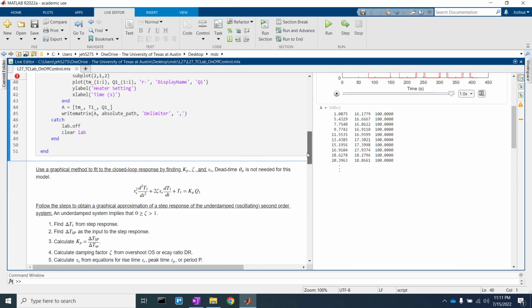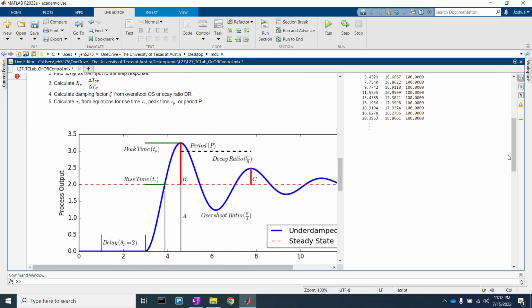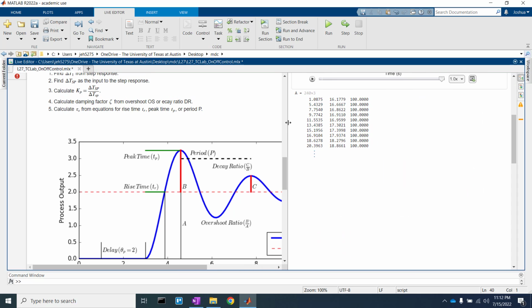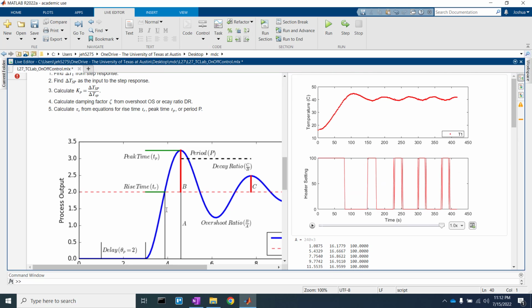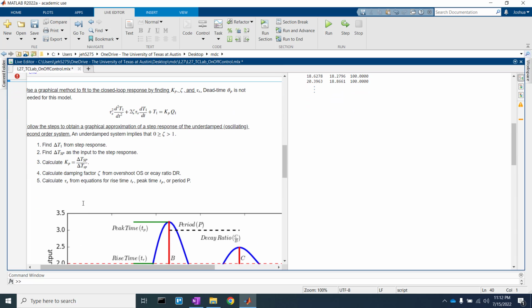So what we want to do now is we want to use that image. If I can get everything just right, we're going to use this image right here. Let's move this over. Scroll, and this process we have here is to fit our second order differential equation.